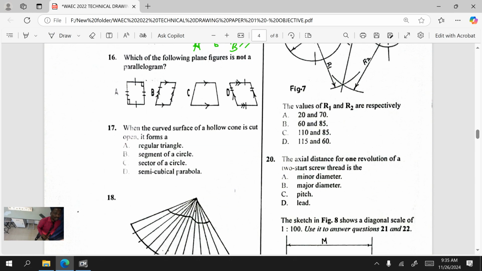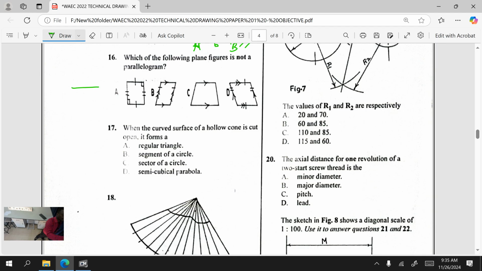Number 16. Which of the following plane figures is not a parallelogram? So take note. First, ask yourself, what is the property of a parallelogram?